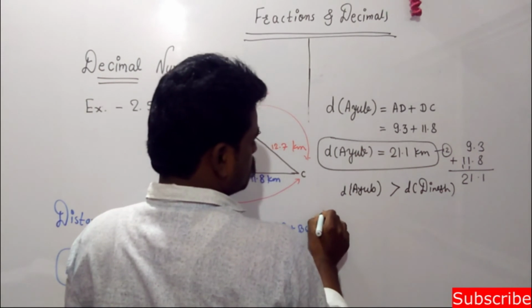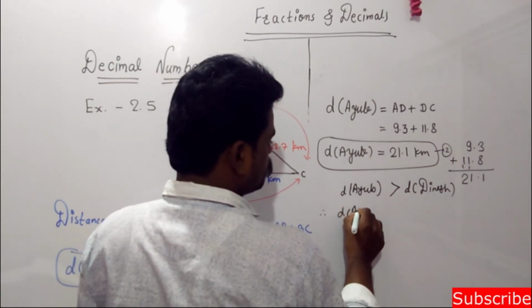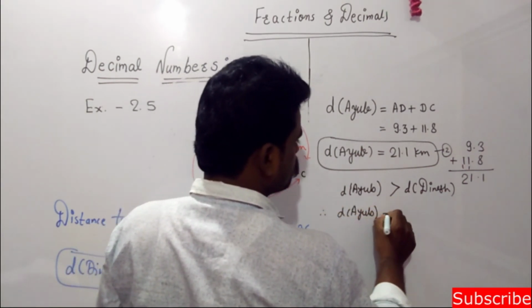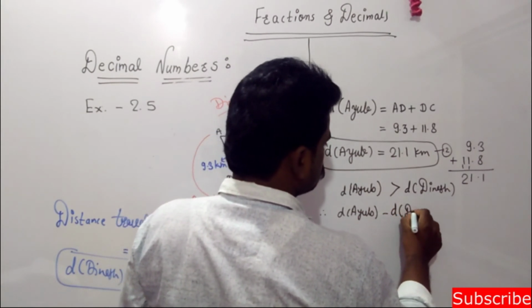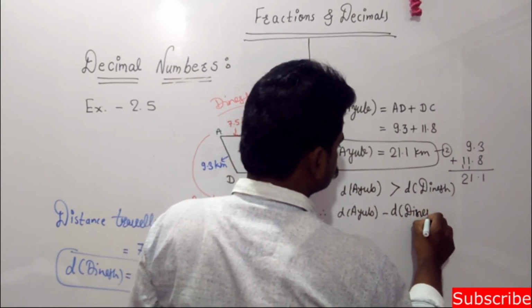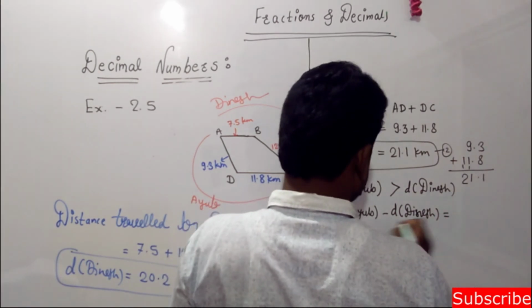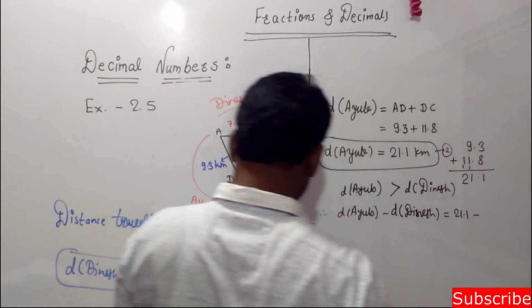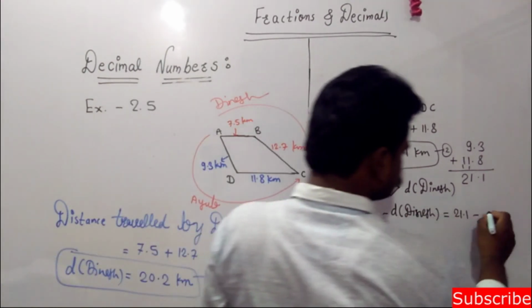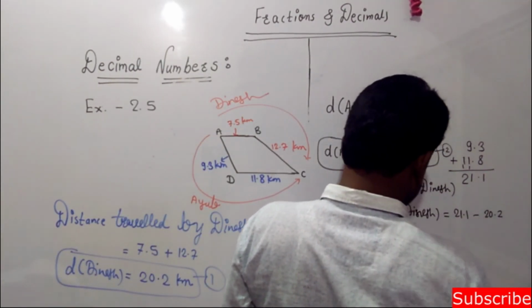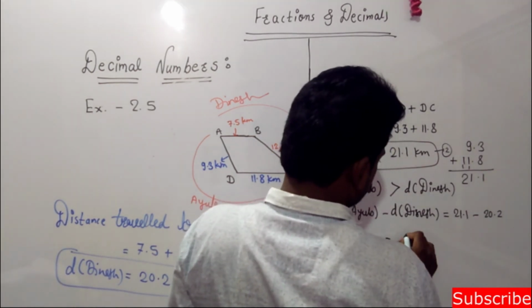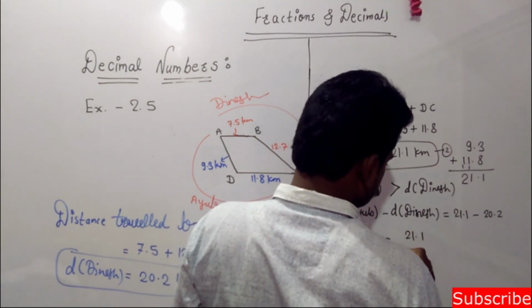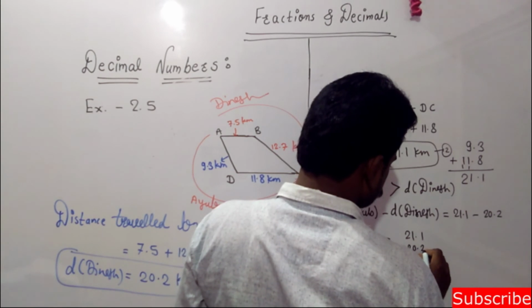Therefore distance of Ayub minus distance traveled by Dinesh is equal to Ayub 21.1 minus Dinesh 20.2.